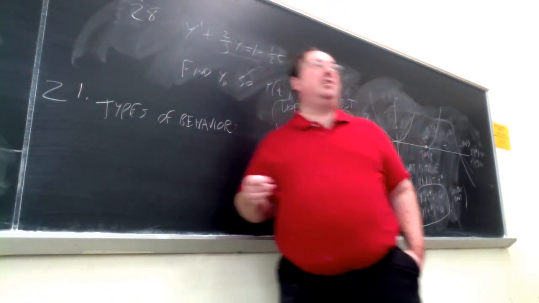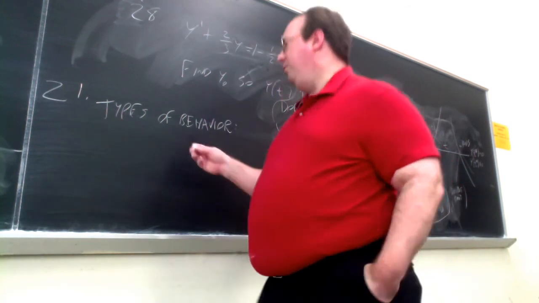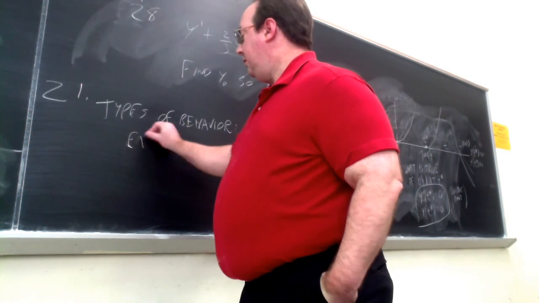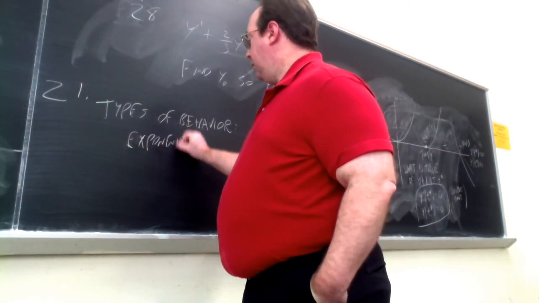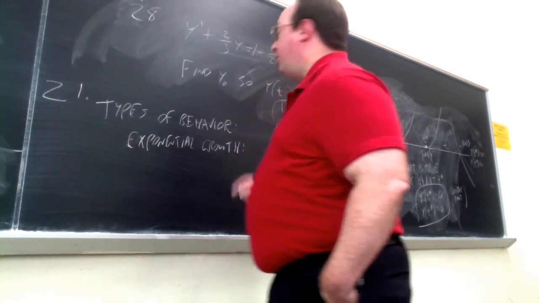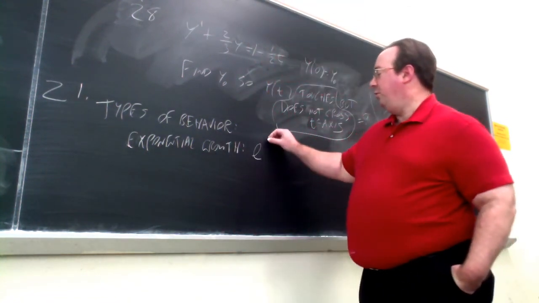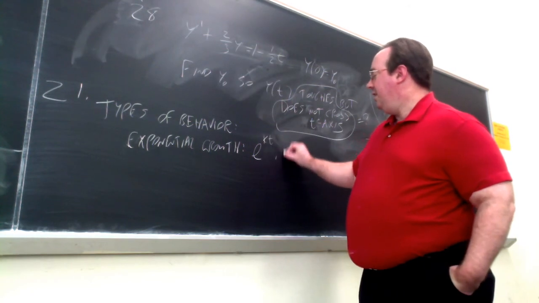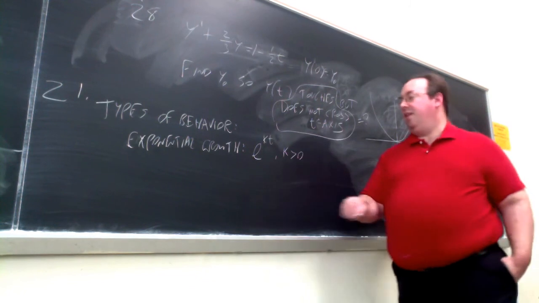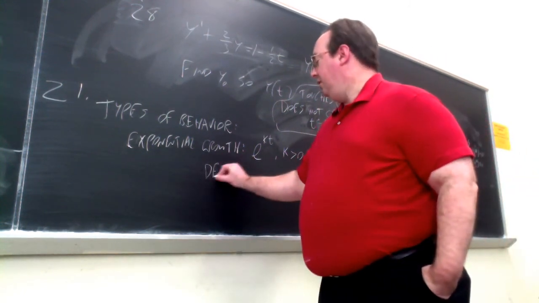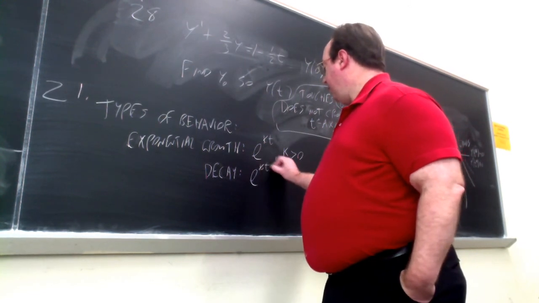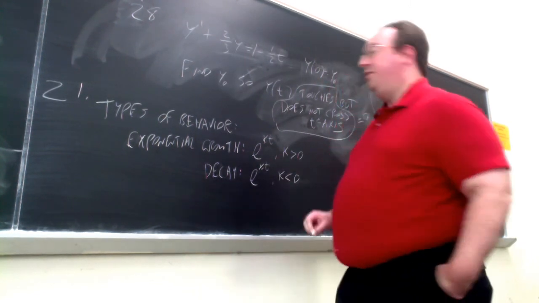And it's not meant to be exhaustive, but these ones come up a lot. You can have exponential growth. So it's like a term of a formula like e to the kt, where k is strictly positive. You can also have exponential decay. So same thing, except the constant k is negative.